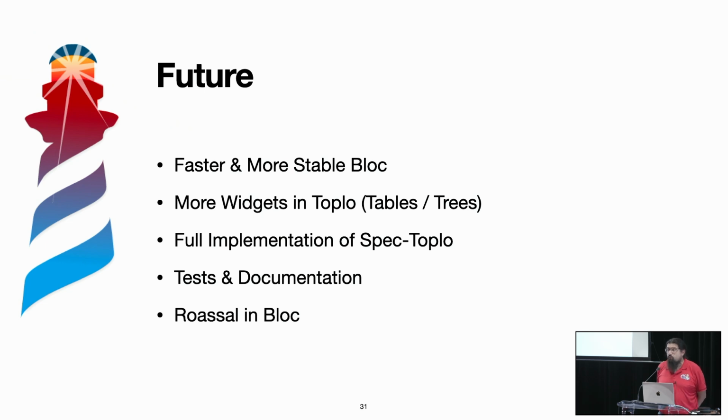So we want to have all of them living and profiting from the same improvements in Bloc. There is a working version and most of the examples are working, but it's still not stable enough, so we are not releasing it. But if you are a heavy user of Roassal and you want to collaborate, we are always open to collaboration because it's part of the future. We are not leaving it aside.